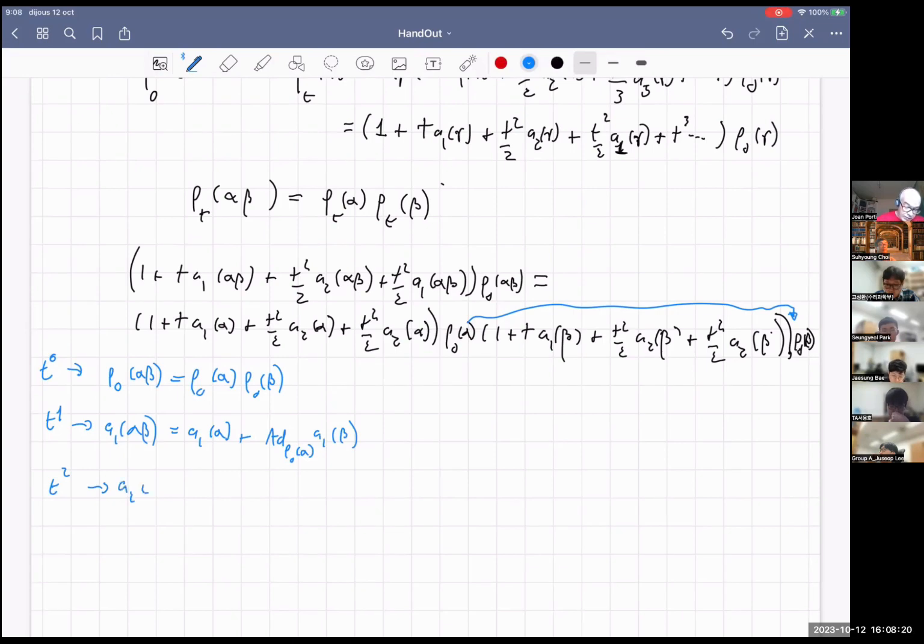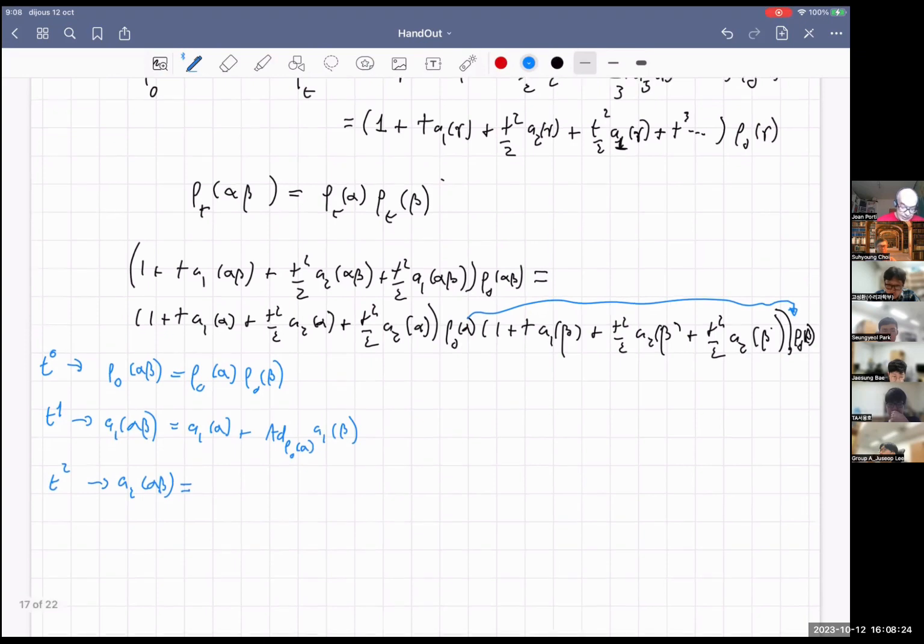some expression of alpha beta. Sorry, I will not do the precise computation because it's what I have defined as this one, a1 of alpha comma beta.